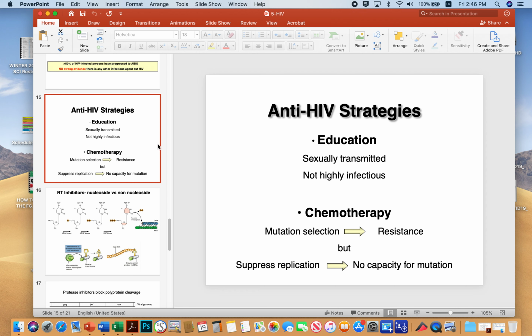It's not highly contagious, and so again, what we mean by that is that you'd still have to have sex with an HIV positive person at least 1,000 times or more before you actually got infected. Statistically speaking, obviously it could happen to you just one time, but usually it takes a lot of prolonged exposure.